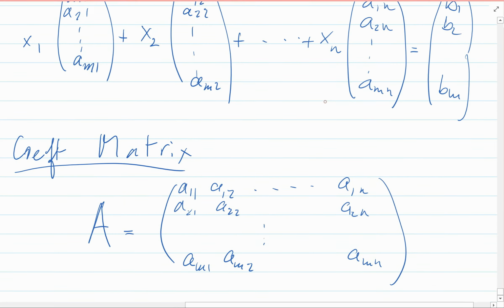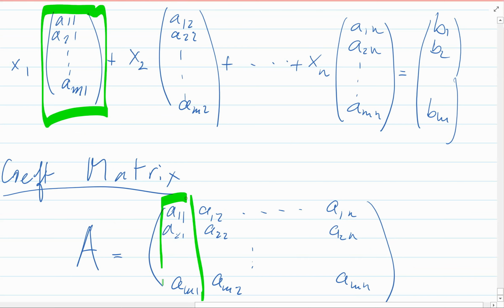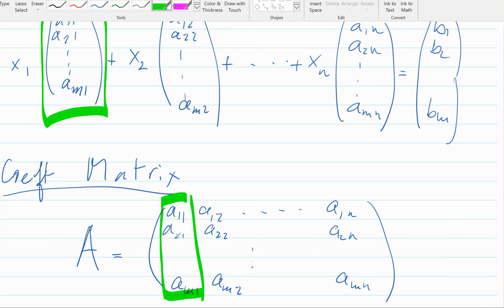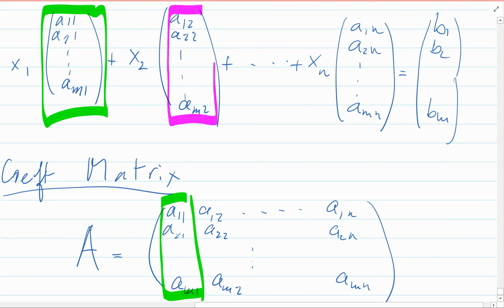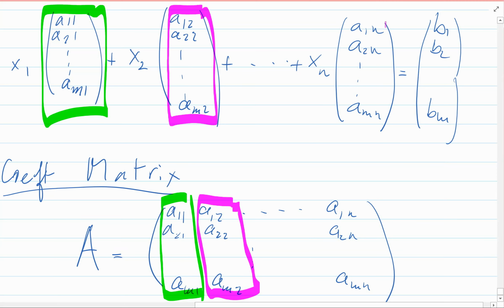So what's interesting is, if you look at here, what do you see? Look at this one. That's the first column. And if you take this one, that's the second column, and the last column is this one, and that's the last column.